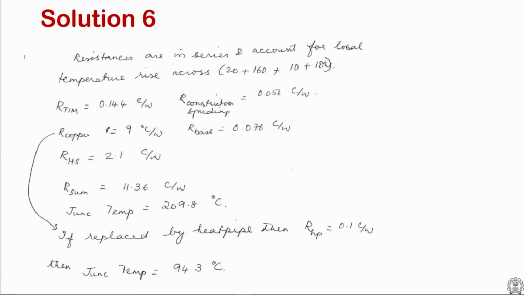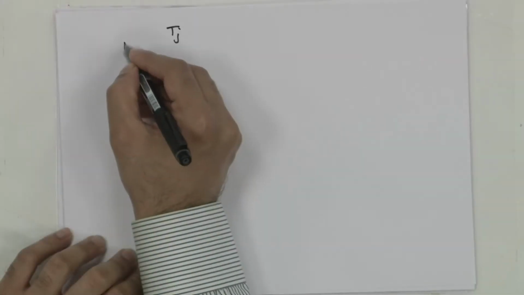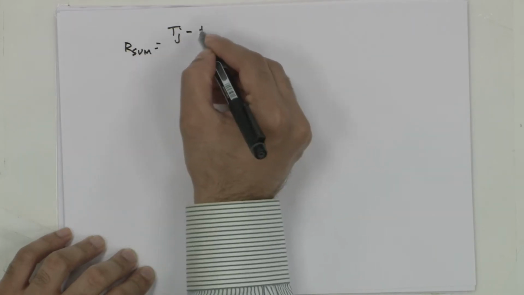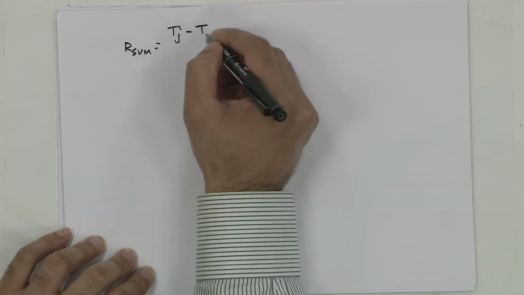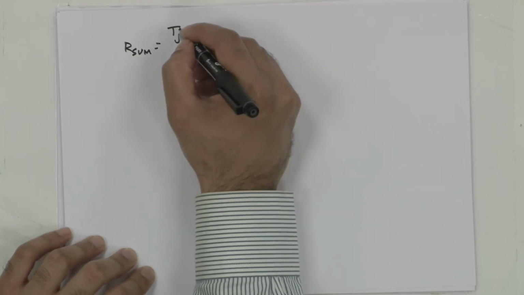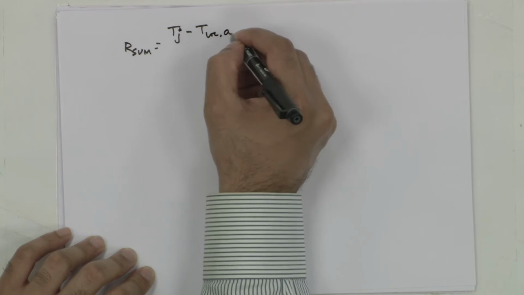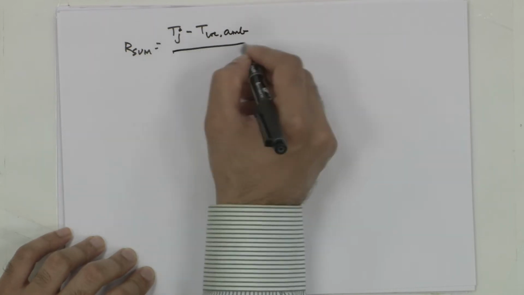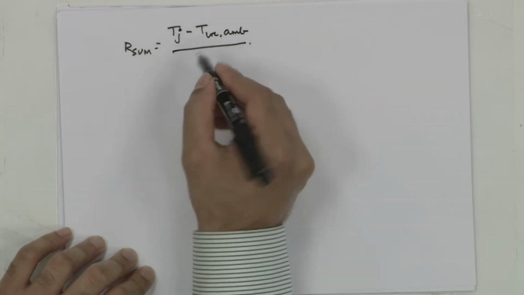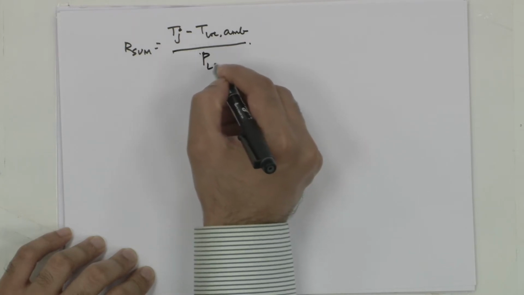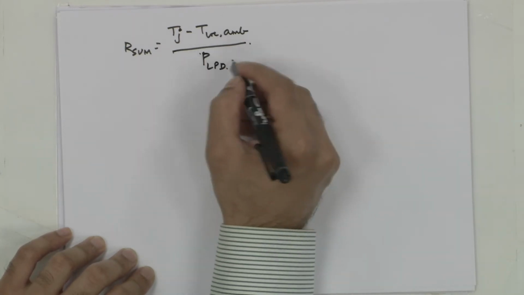So, writing the resistance R sum as Tj minus T ambient, the local ambient, which we calculated using the top side heat, divided by the power of the low power device on the bottom side.